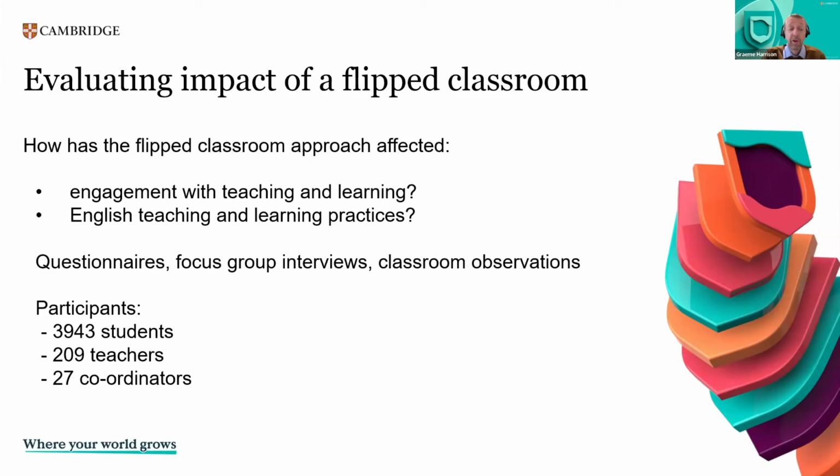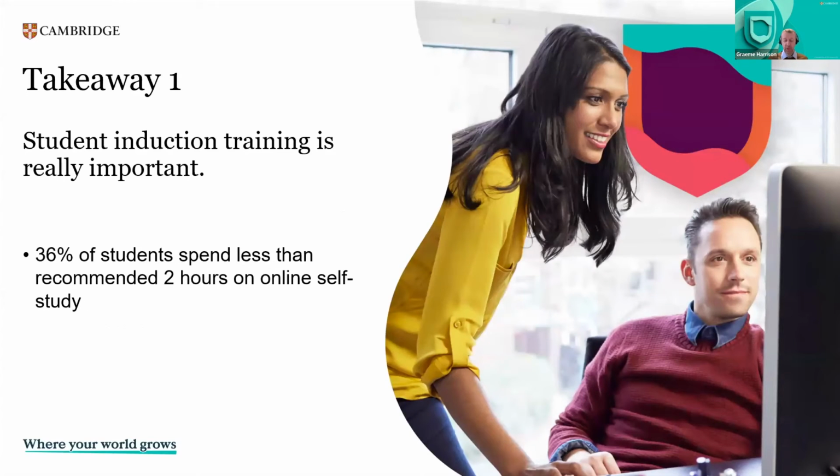We had quite a lot, because it's a big university, we could get quite a lot of participants. We had almost 4,000 students who answered our questionnaire, over 200 teachers and 27 of the coordinators in the different campuses around Mexico. Next slide, please. And what did we find out? Well, we found out a number of very positive things.